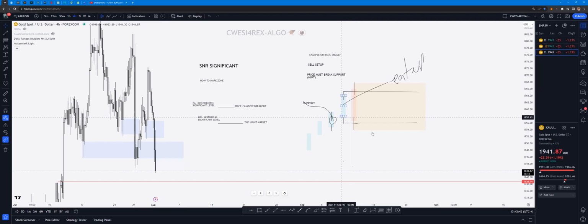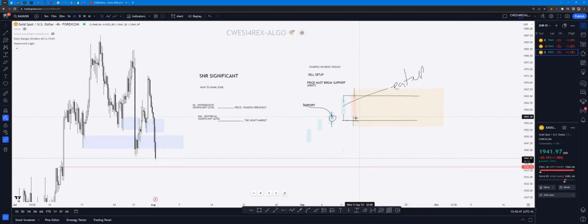This is how we mark our zone when we have this. But if we have the other way, which is price, this one breaking this one, then we are going to mark it from the wick to the wick.